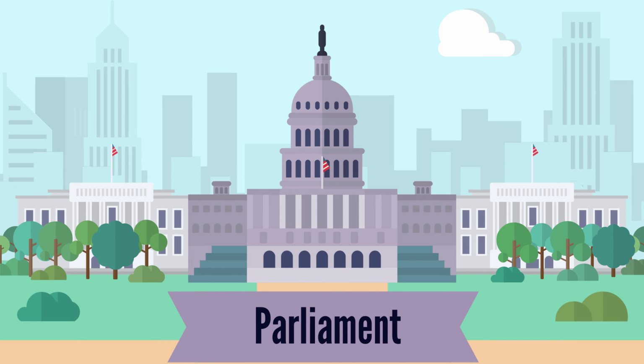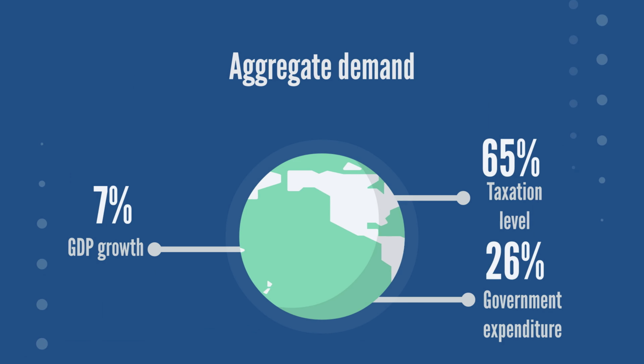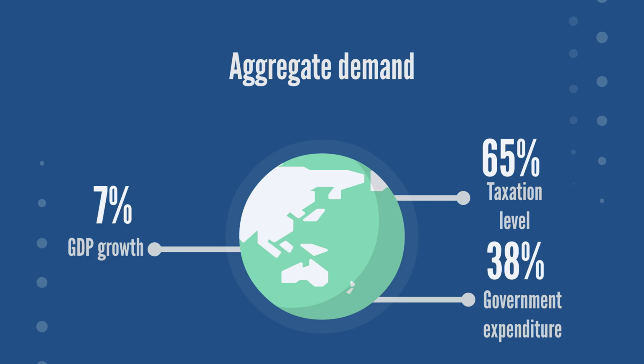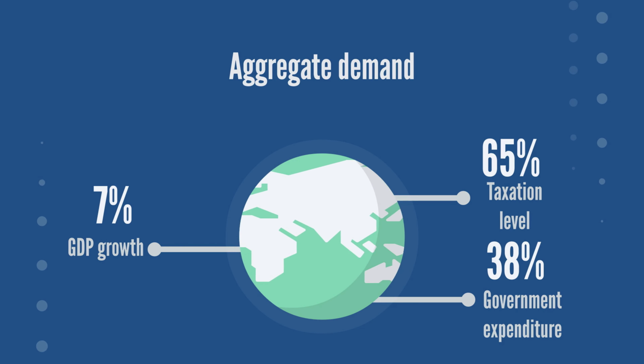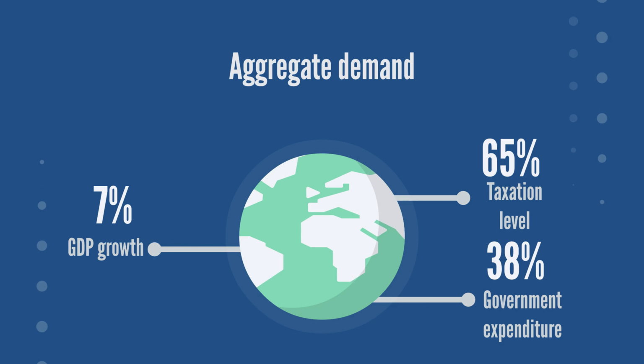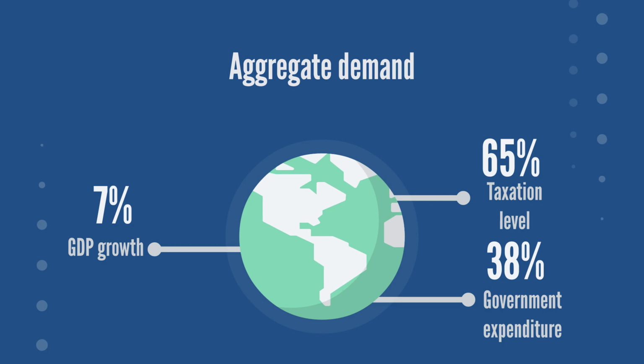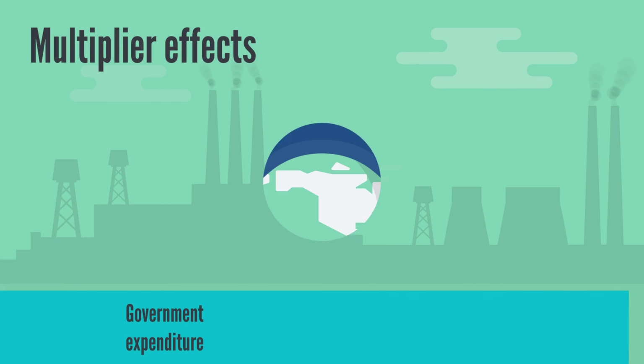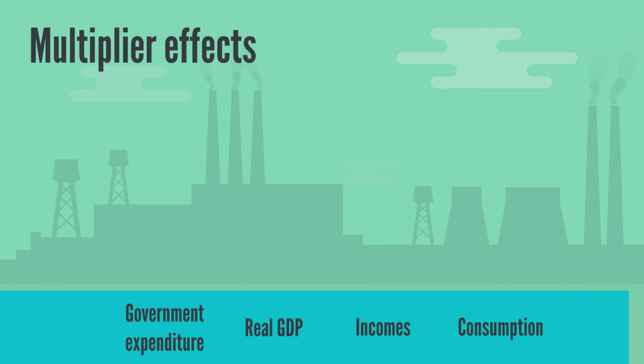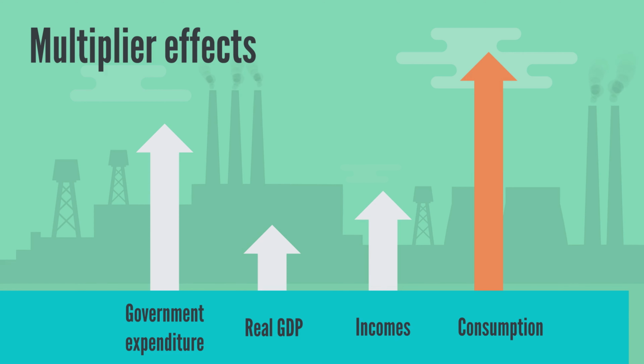Changes in government expenditure and taxes change aggregate demand and have multiplier effects. Because government expenditure is a component of aggregate expenditure, an increase in government expenditure increases real GDP. When real GDP increases, incomes rise and consumption expenditure increases.